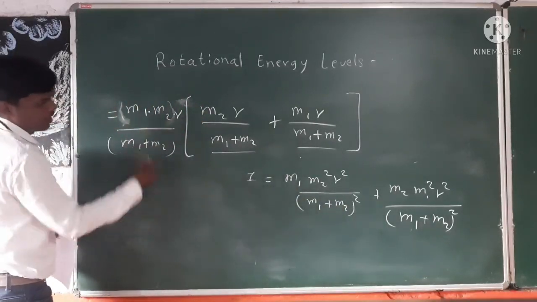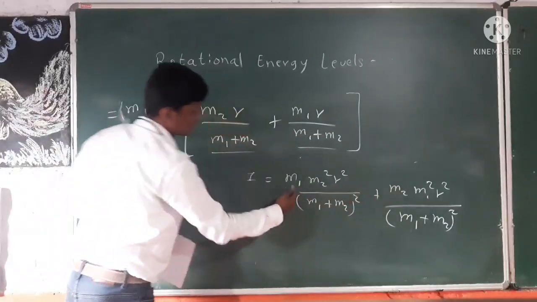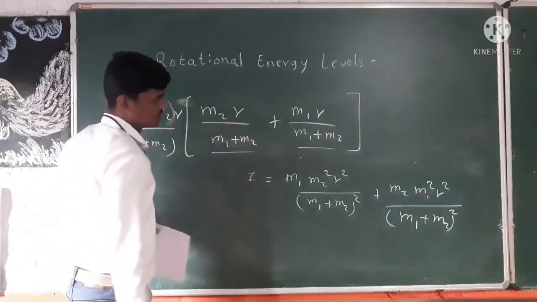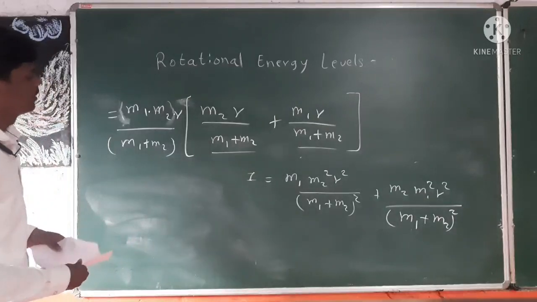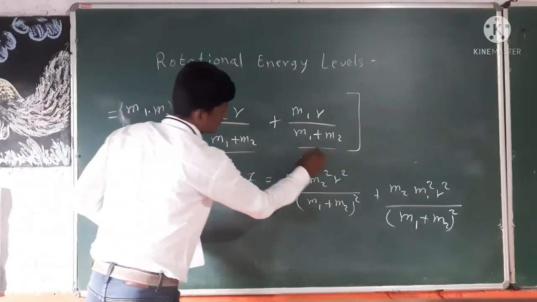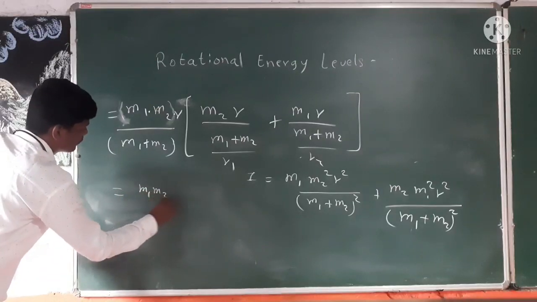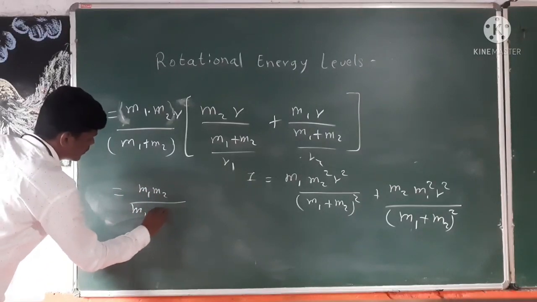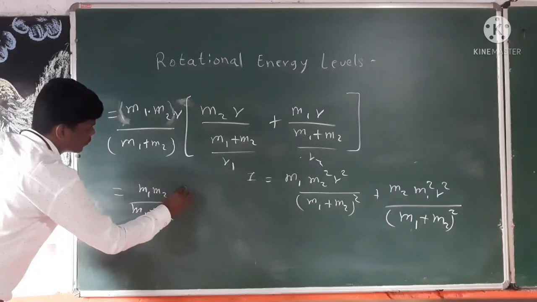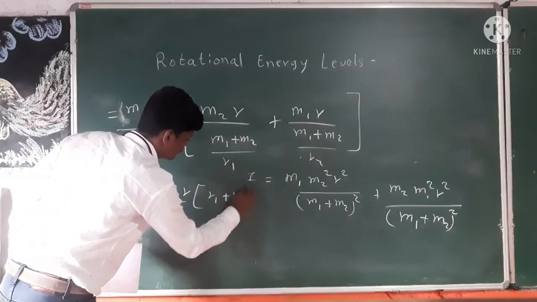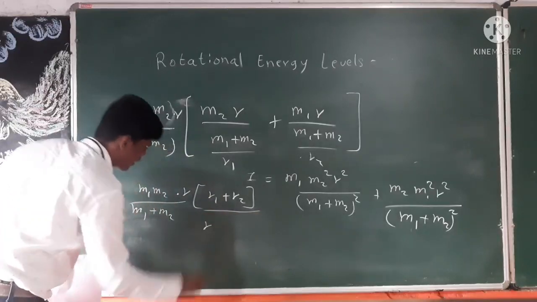Here m1, m2 and R are common in both terms, and of the (m1 plus m2) whole square, one bracket is outside, another one is inside. Here we know this is R1, this is R2, so this is R1 plus R2. R1 plus R2 is nothing but R.